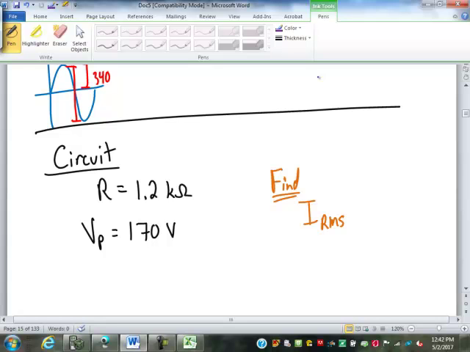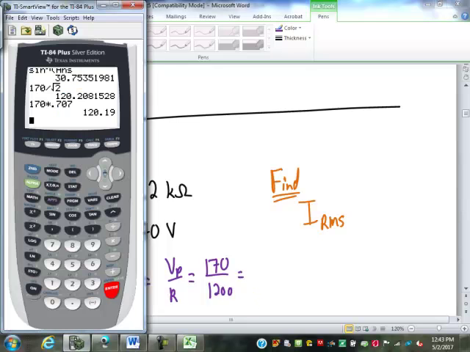There's two ways we can go about doing this. We can find the peak current. The peak current is going to be the peak voltage divided by that resistance. So 170 divided by 1200, right? So that is 0.1417.